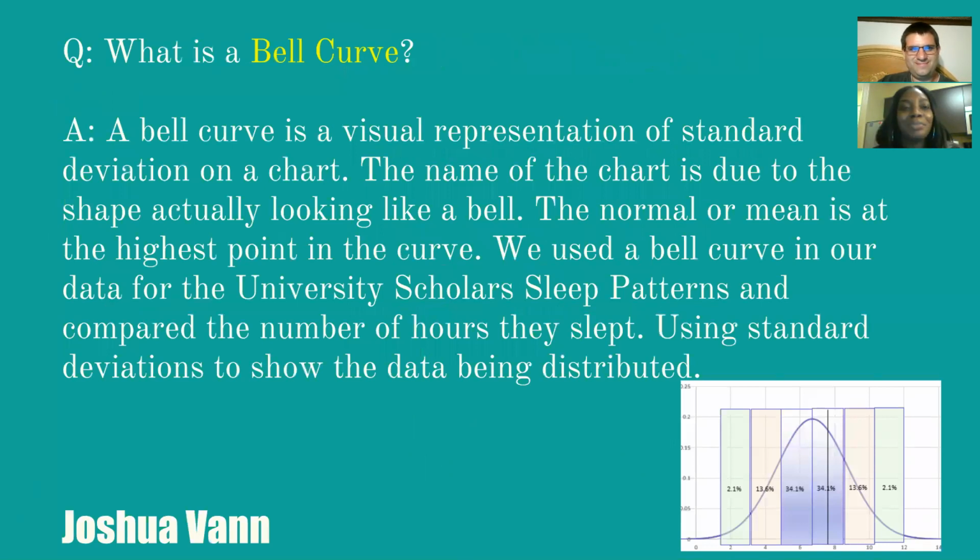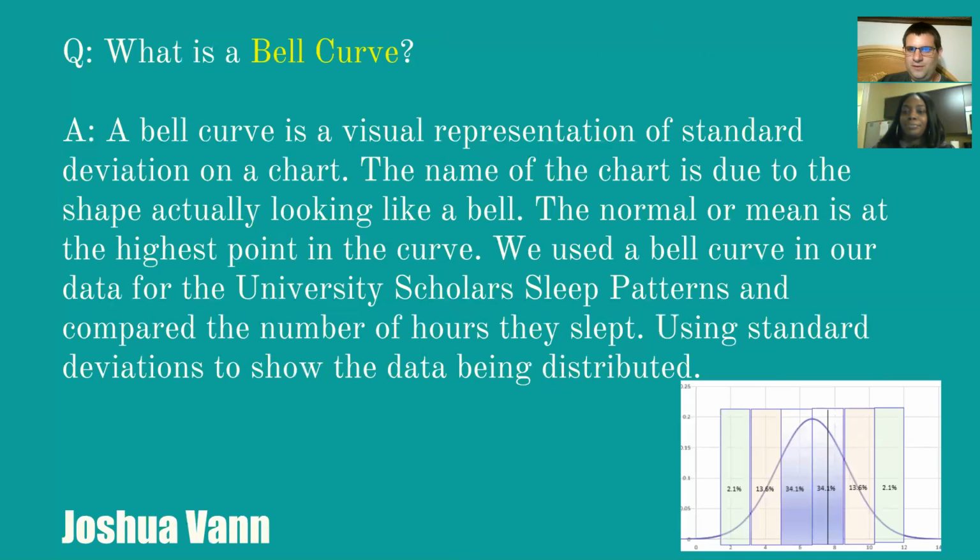What is a bell curve? A bell curve is a visual representation of standard deviation on a chart. The name of the chart is due to the shape actually looking like a bell. The normal or mean is at the highest point in the curve.